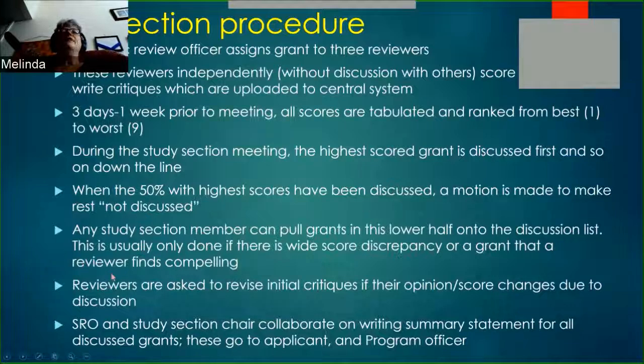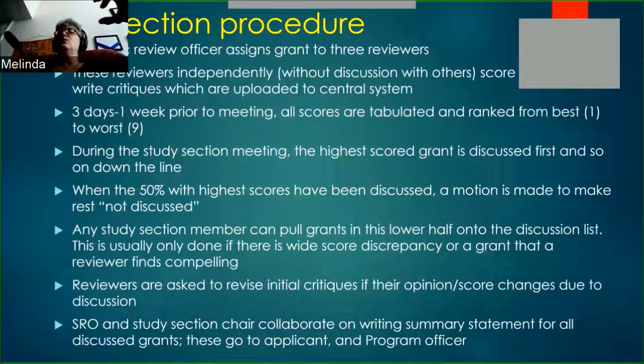Now, there's a discussion that occurs. Reviewers are asked to revise the initial critiques after the discussion if their opinion or score changes due to the discussion. This actually happens reasonably frequently, especially when the initial scores are kind of divergent. Like one person thinks this is the best grant ever, and somebody else thinks it's average, a 3 to a 4.